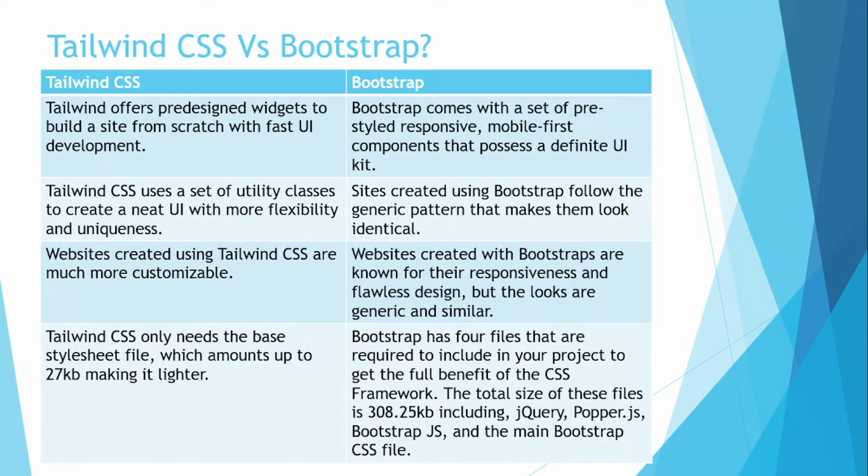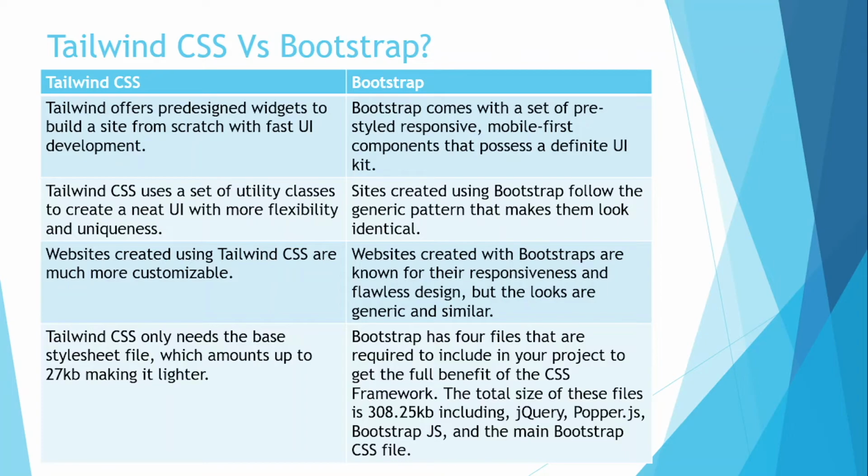Tailwind CSS only needs the base style sheet file, which amounts to 27 KB, making it lighter. Tailwind CSS uses one file, which is a base file. In that everything is there. The 27 KB is the size of that file, which is a little bit lighter.